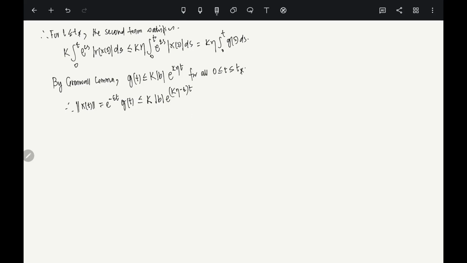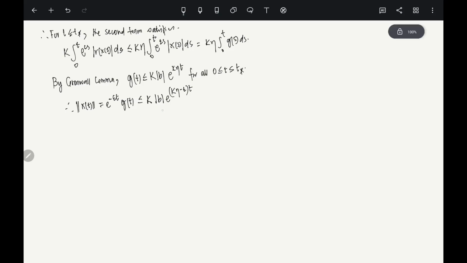If this is true, then this can be made less than delta. This is small as t tends to infinity. Let me put it this way.